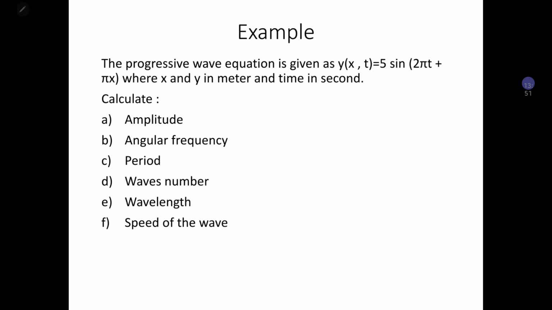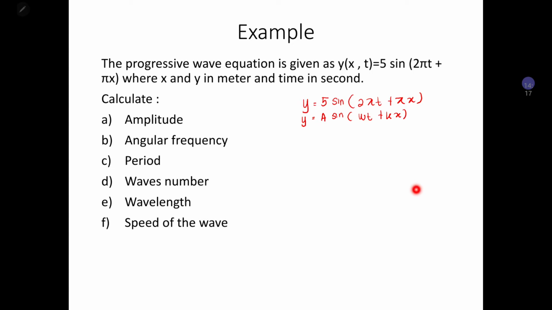Okay. For example, the progressive wave equation is given as y equals 5 sin (2 pi t plus pi x). Okay, so kalau tak tahu, salin balik dengan normal equation A sin omega t plus kx.